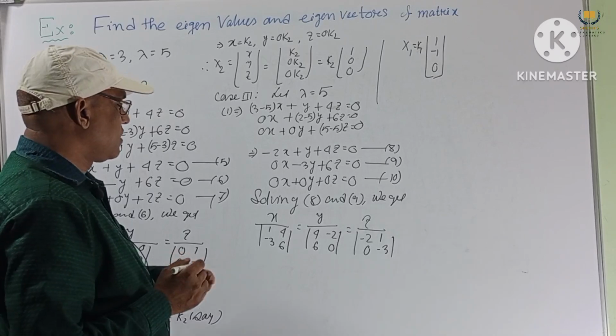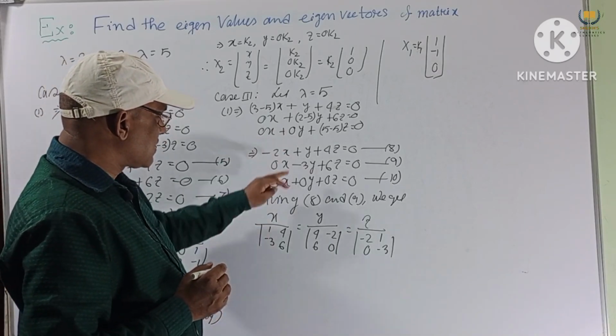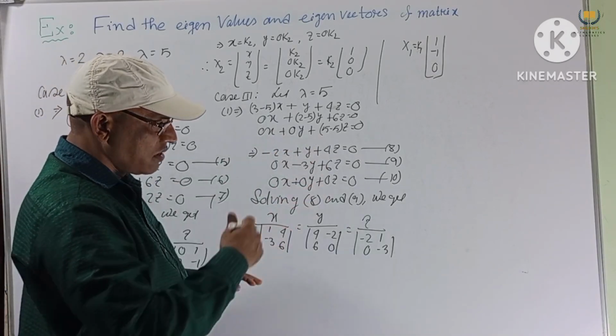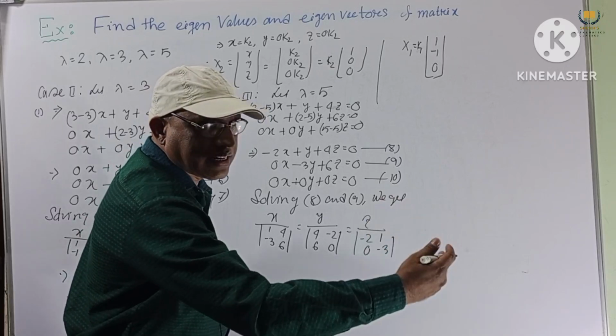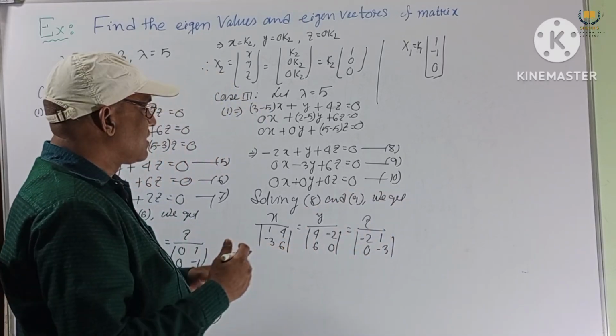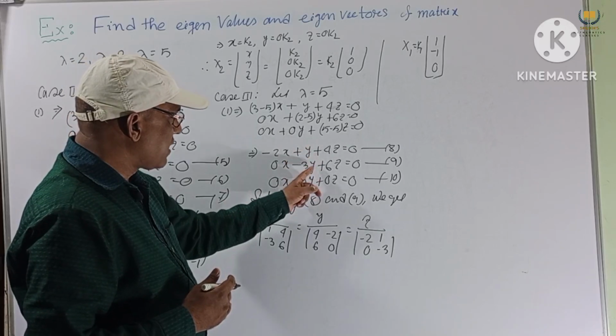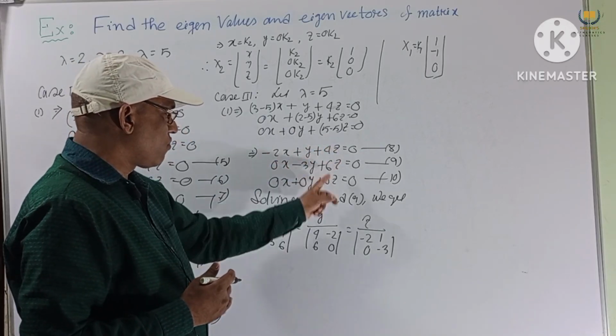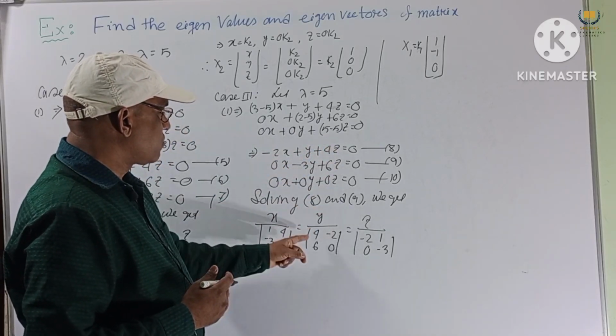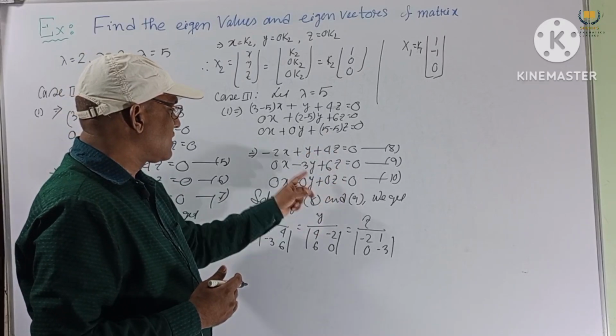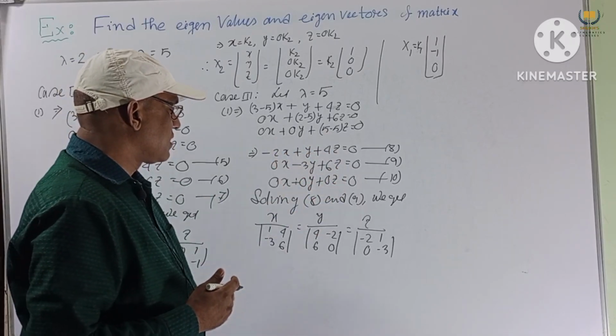When we consider x, this one cancels, 1 minus 3, 4, 6. Then when we consider y, then z, x, 4, 6, minus 2, 0. Z, then z cancels, minus 2, 0, 1, minus 3.